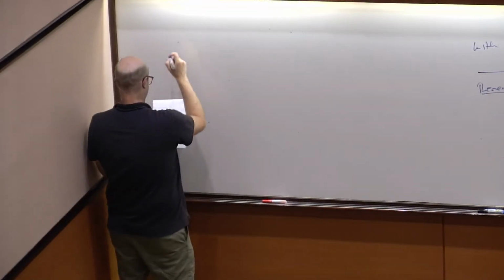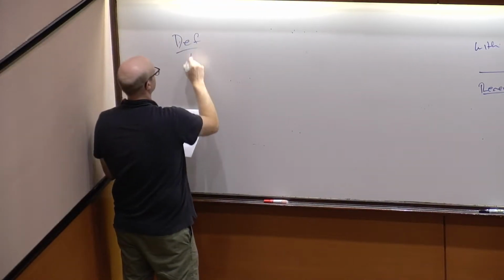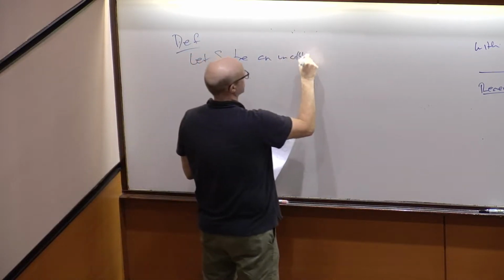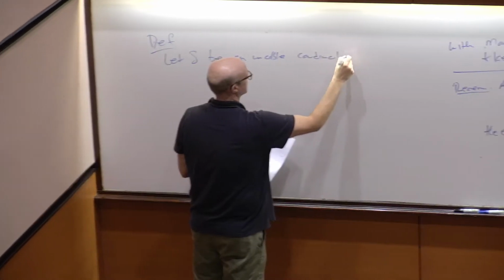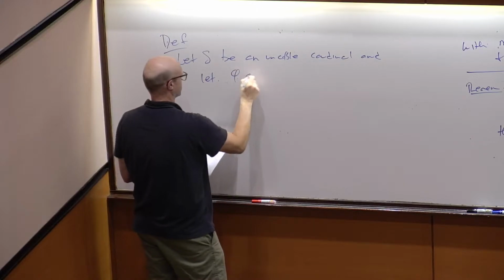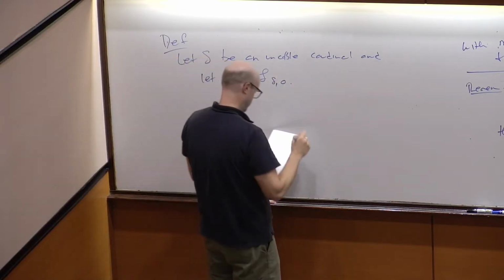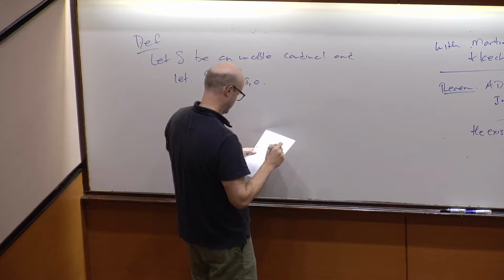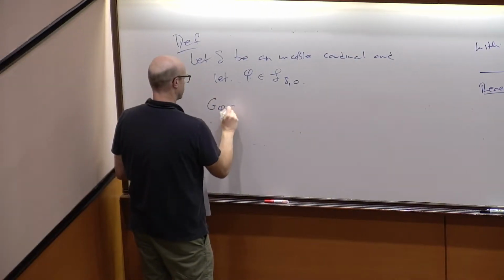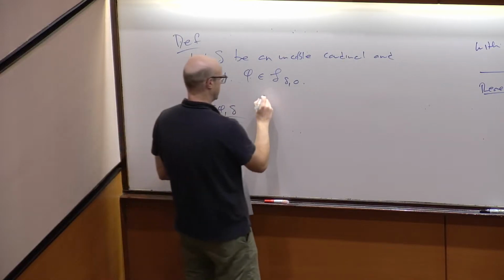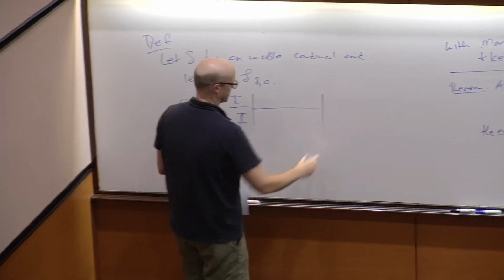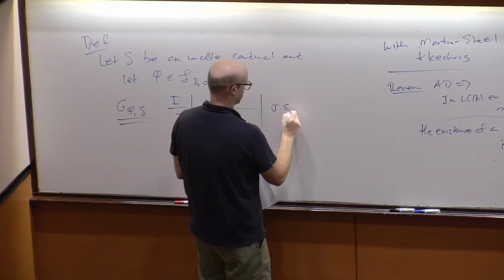So let delta be an uncountable cardinal, and let phi now be a formula in L delta 0. We're going to have the following game. G phi delta is a game where 1 and 2 collaborate just to build a set sigma contained in delta.